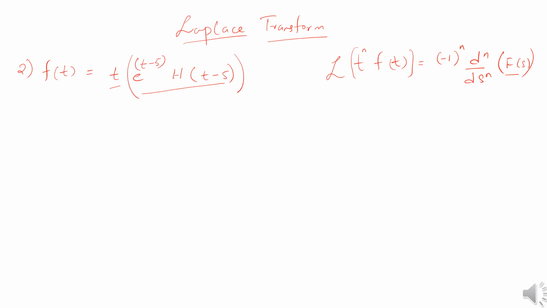So now let us consider that g of t is equal to e to the power t minus 5 multiplied by a Heaviside function of t minus 5.